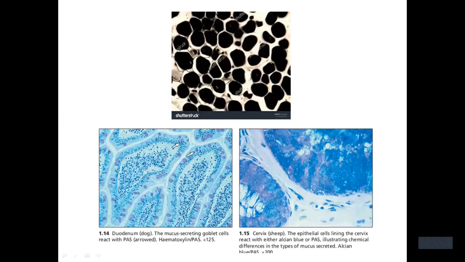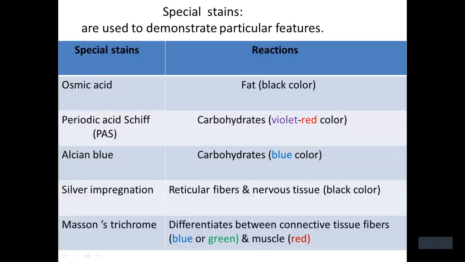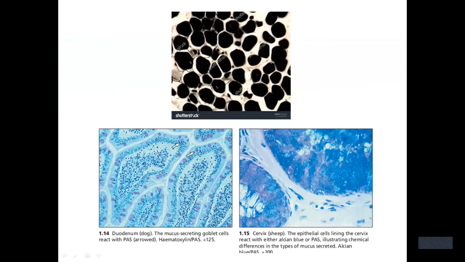This figure shows special stains under the light microscope. These are lipid droplets stained with osmic acid. This section is taken from the duodenum, part of the small intestine.